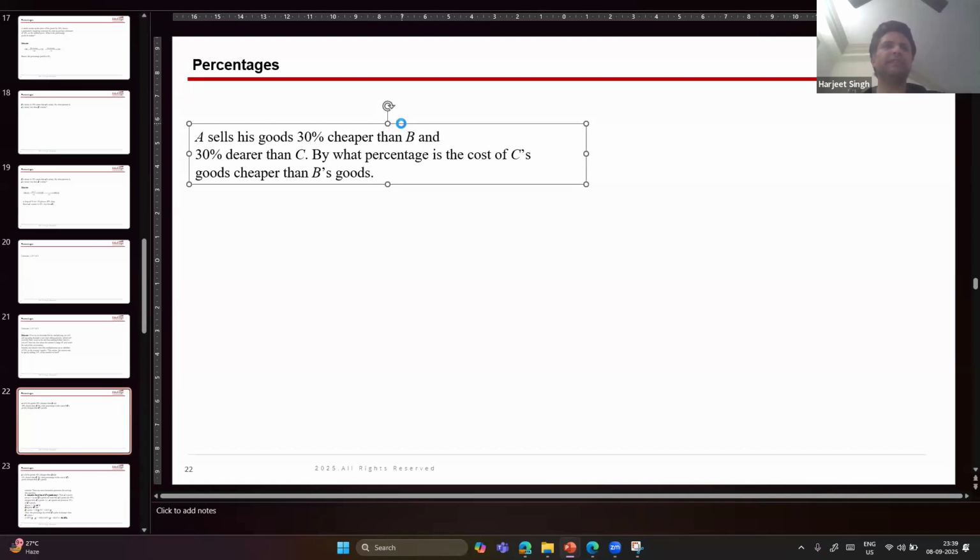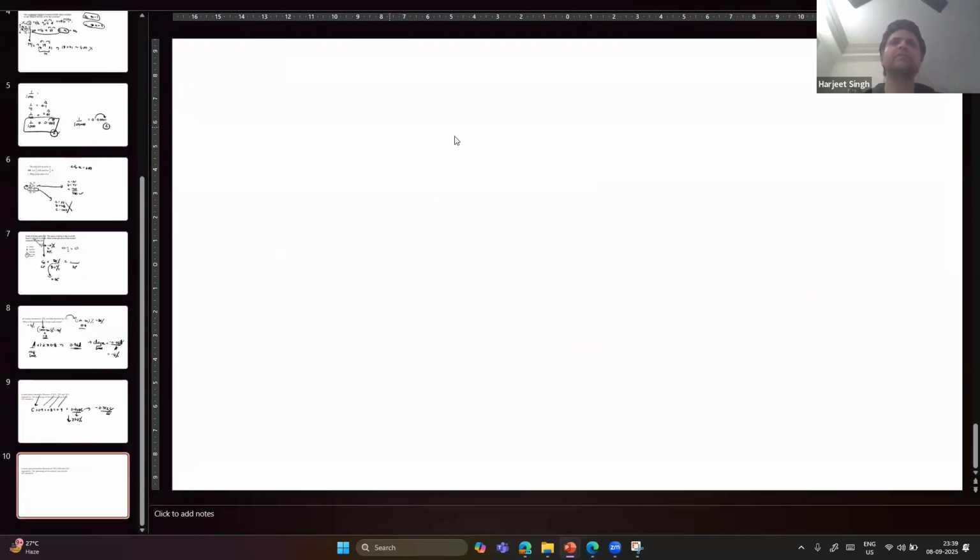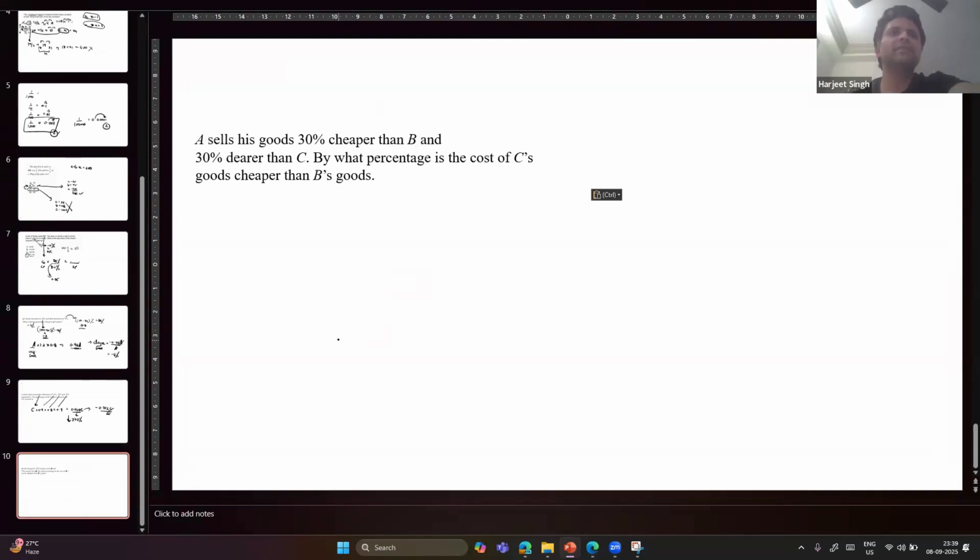Okay. Let's look at this one. A sells goods 30% cheaper than B and 30% dearer than C. By what percentage is the cost of C's goods cheaper than B's?